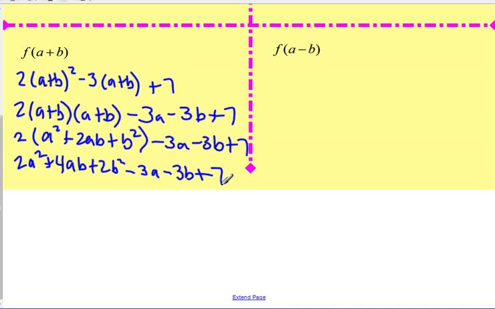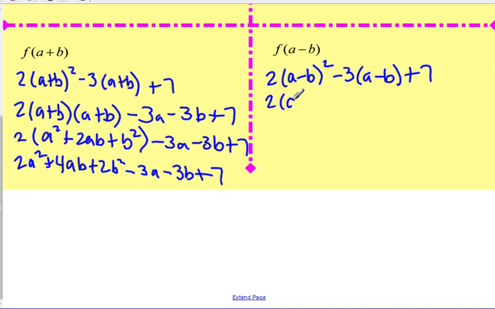f of a minus b would follow the same process. So it's going to be 2(a minus b) squared minus 3(a minus b) plus 7. So instead of writing it out twice again, I'm just going to skip to that next step there.